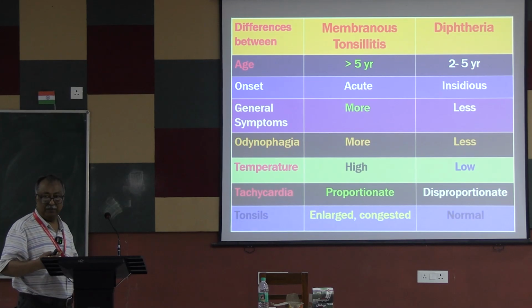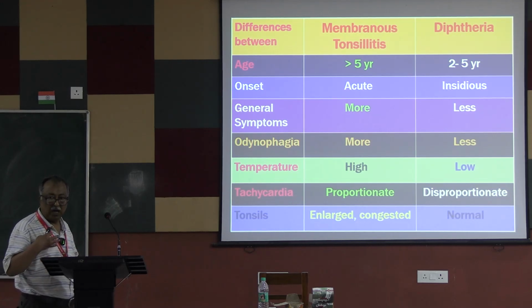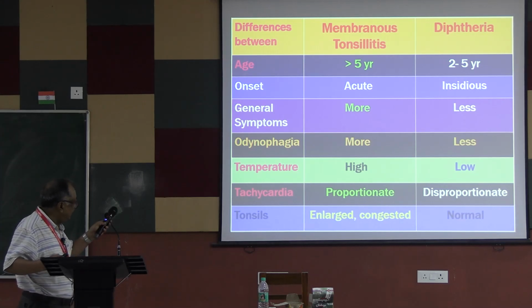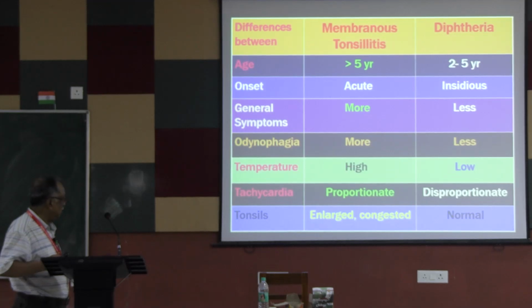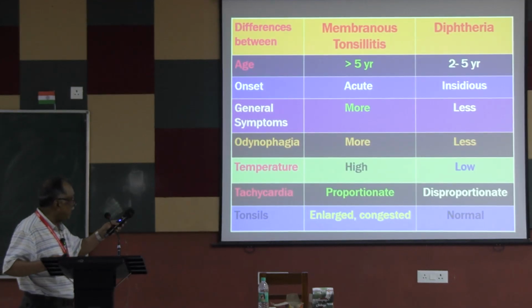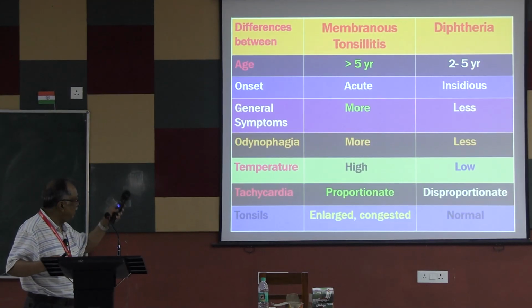The complication of diphtheria is endocarditis. There may be a chance of meningitis, diphtheritic meningitis. So the tachycardia is disproportionate in diphtheria. The tonsil is not so enlarged, but there is a membrane in diphtheria.